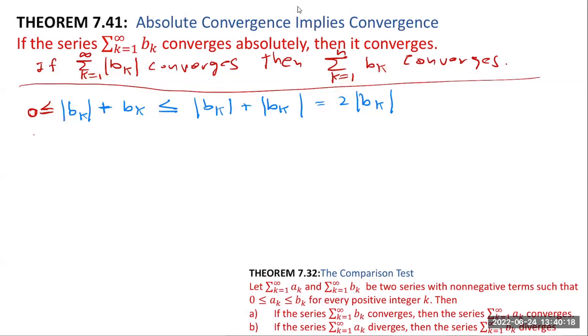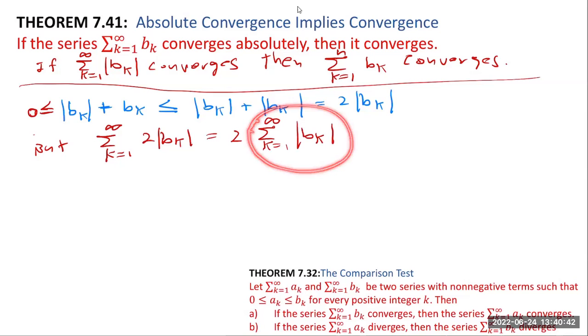But we know that the sum from k equals 1 to infinity of 2 times the absolute value of bk converges. Why? If you pull out 2, you get 2 times the sum from k equals 1 to infinity of the absolute value of bk. Of course, we know that this is a convergent series, since we are assuming that.